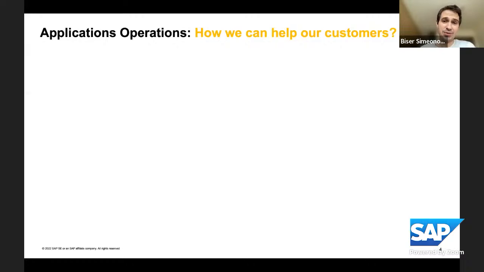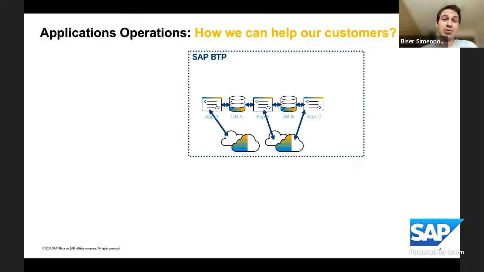So how would we actually like to help our customers be successful? Let's say that we have the SAP BTP, and you are building a complex application or complex platform, which is dependent on multiple microservices or different cloud applications, as we see here.